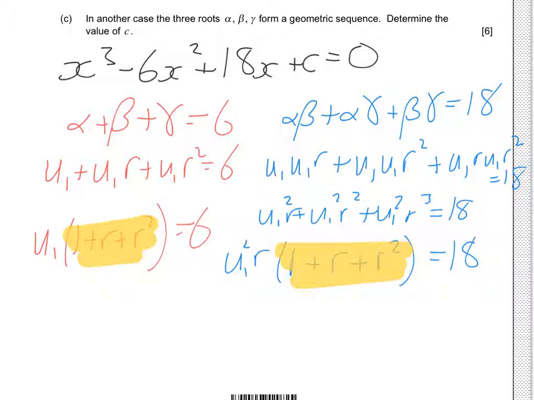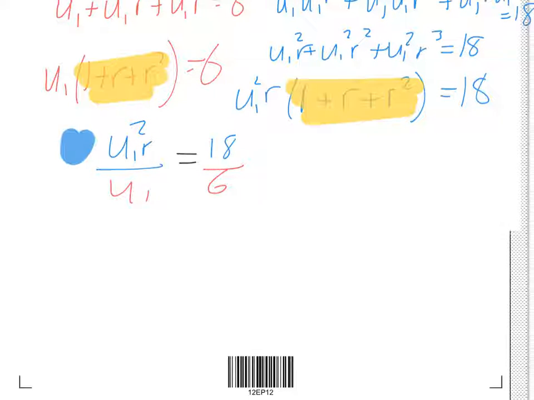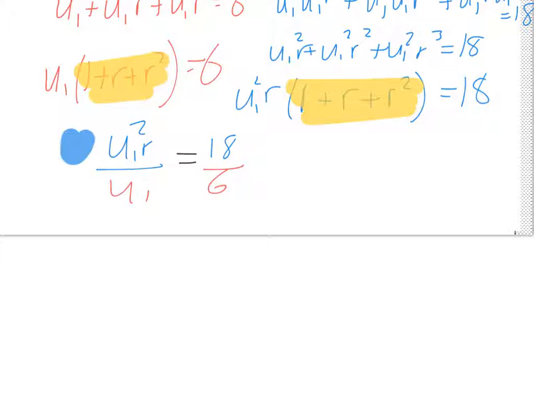What's highlighted in yellow is going to cancel, and we're left with u1 squared r over u1 equals 18 over 6. u1 squared r over u1 just gives you, well, I was hoping it would be nicer than that.